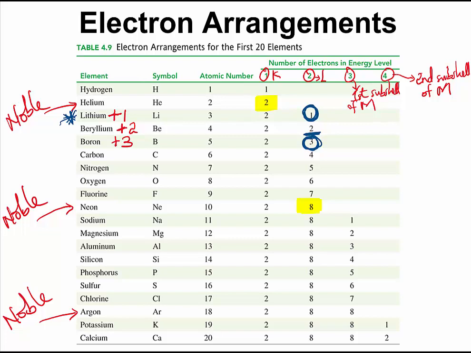Carbon has 4 electrons in its valence. So, which pathway is more suitable? Should it lose the 4 electrons to be like helium, or gain 4 more electrons to be like neon? There is no pathway that is more favorable than the other. And because of that, carbon can have a charge of +4 or -4.